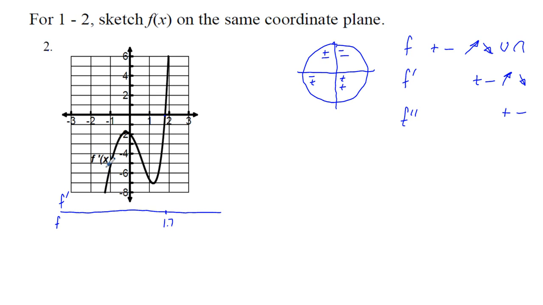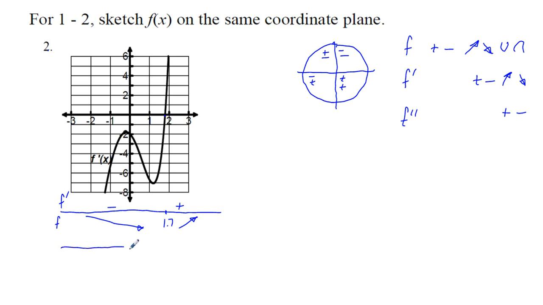And to the left of 1.7, we are below the x-axis, so f prime is negative. So the graph of the original function f is decreasing over that interval. And then to the right of 1.7, we've gone above the x-axis, so we have positive. So the function is decreasing over this interval here and increasing to the right of 1.7.